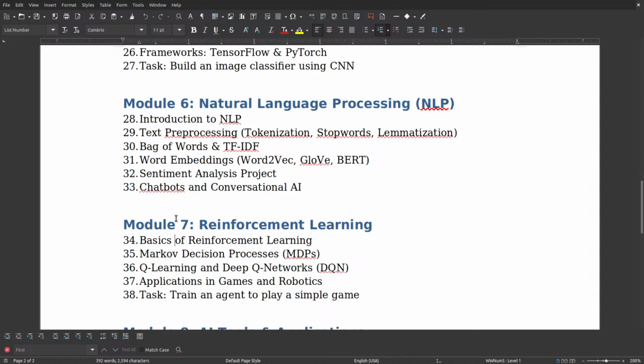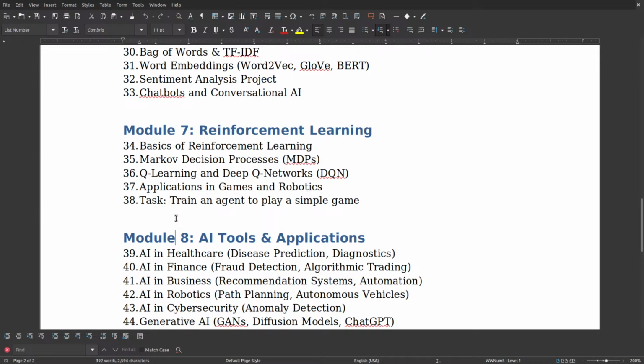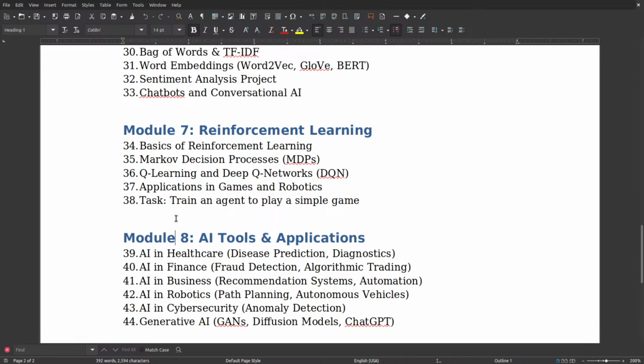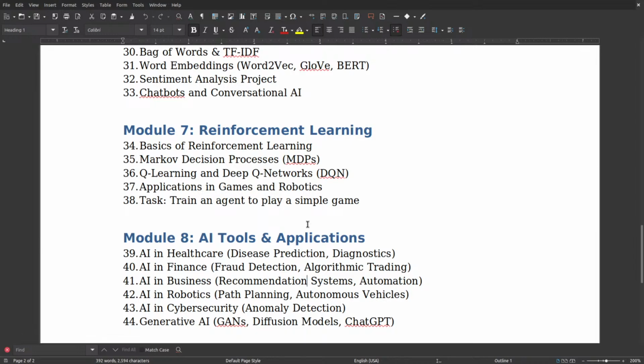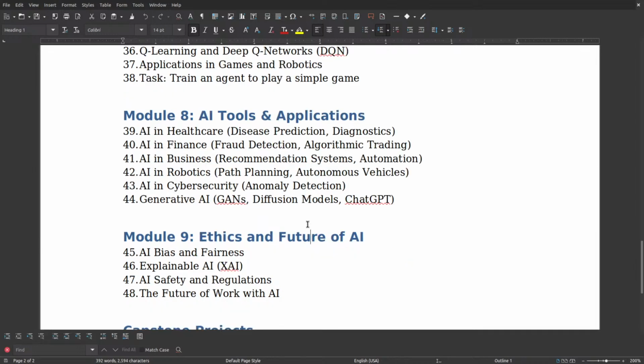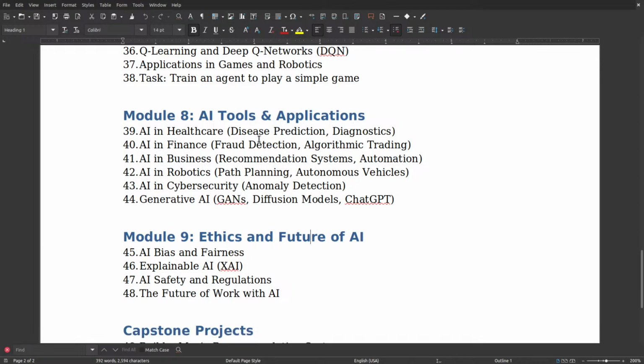Then we're going to talk about reinforcement learning, where we will cover the basics of reinforcement learning and everything in it, right? We're also going to talk about AI tools and applications, like in healthcare, disease prediction and diagnosis, in finance, and everywhere. We're going to cover all those in this training.